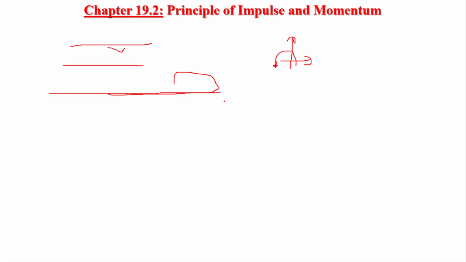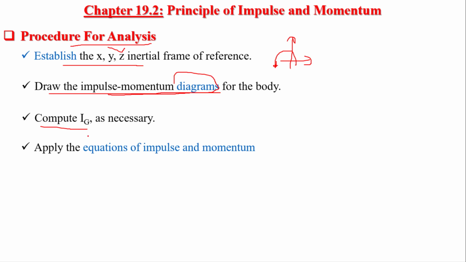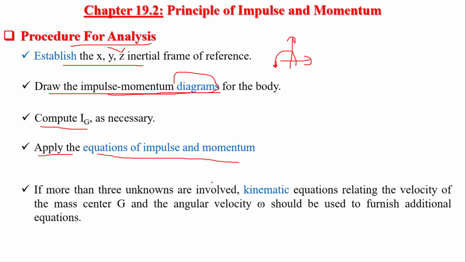You should write it. Compute the mass moment of inertia about the centroid. Apply the equations of impulse and momentum. If more than 3 unknowns are involved, because we have the x, y, z equations, kinematics equations can be used. Equations relating the velocity of the centroid and the angular velocity should be used to furnish the additional equations.